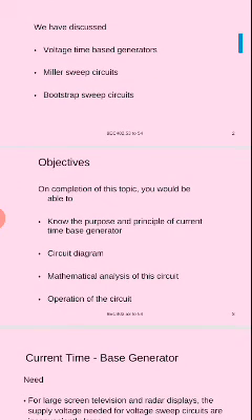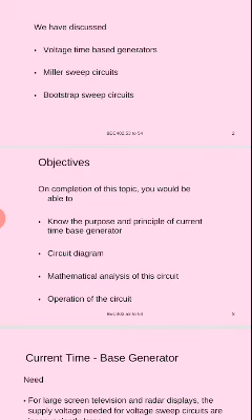Actually, that was the Miller integrator circuit, how it generates the sweep waveform. All those things we discussed in the last class, and the basic principle for the Miller sweep was also discussed.